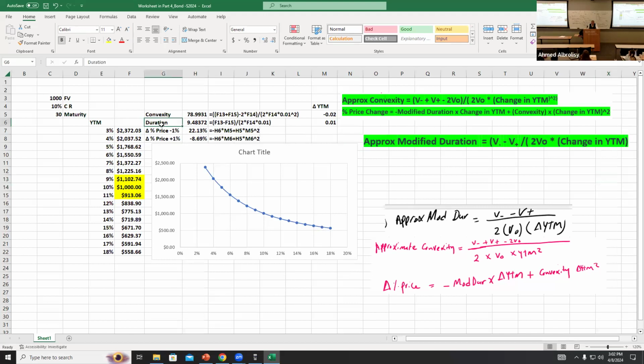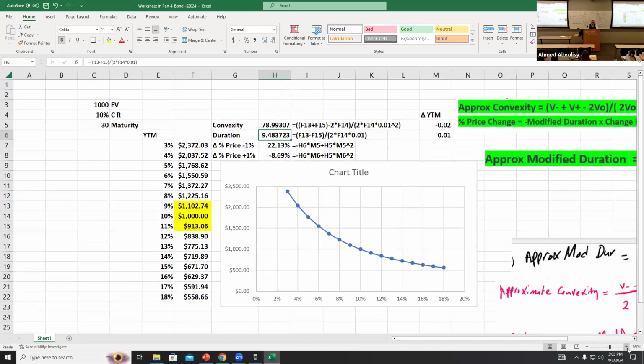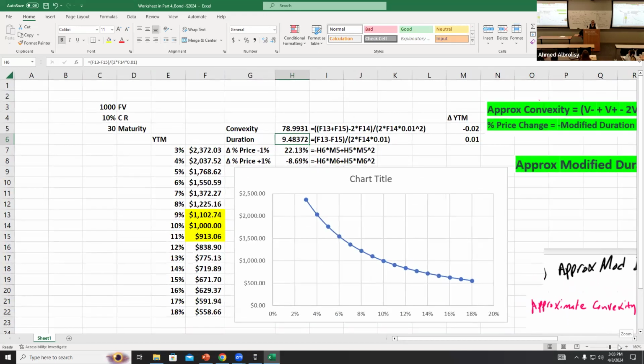So if you click here on the duration formula, it will be exactly the same thing we did before. And I'm going to share this Excel sheet with you, so at least some people who like to see Excel and how it's calculated can do so.